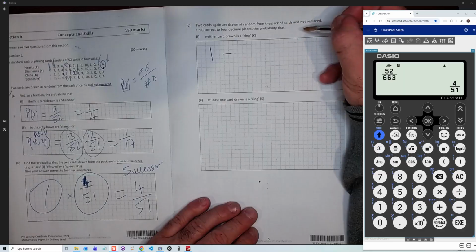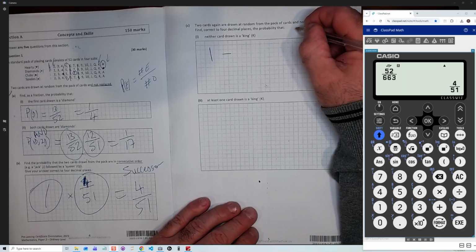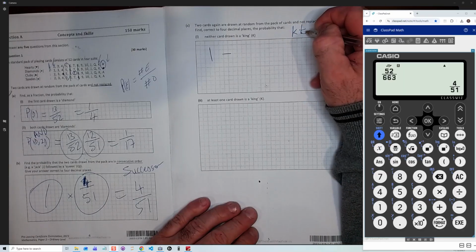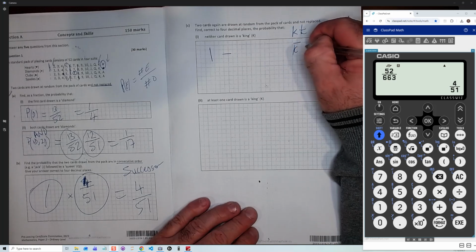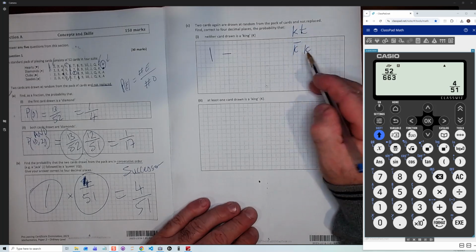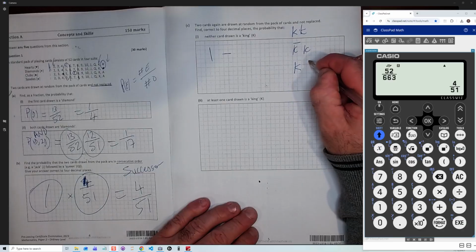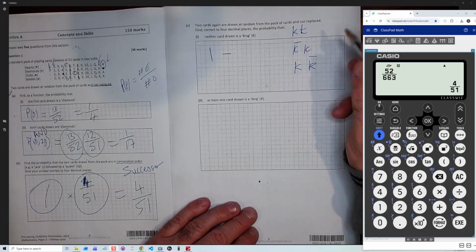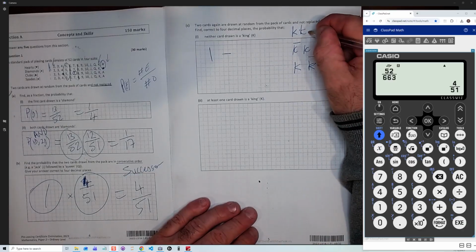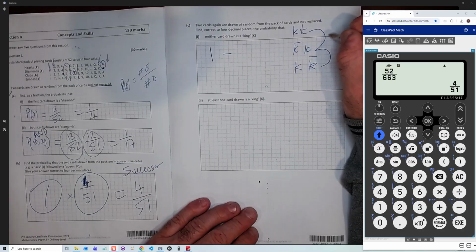For kings to be drawn, you either drew king, king, or not king, king, this is how you say not king, or king, not king. Now these are 3 mutually exclusive events.